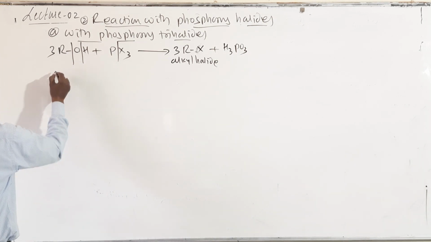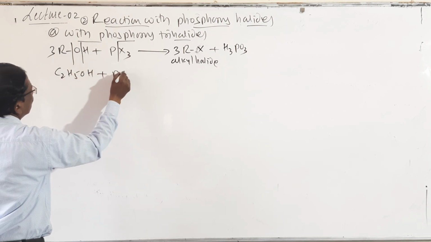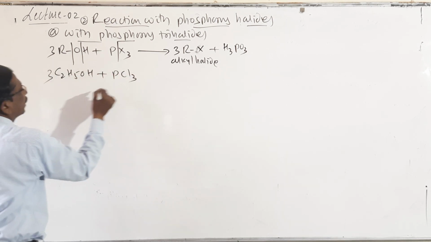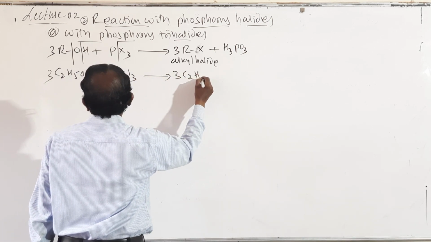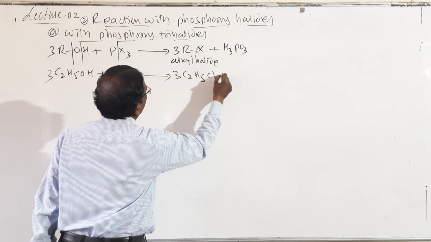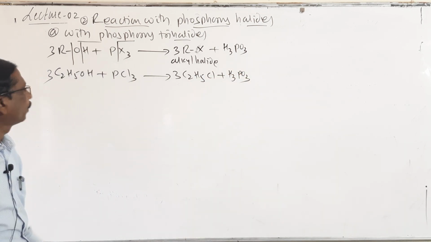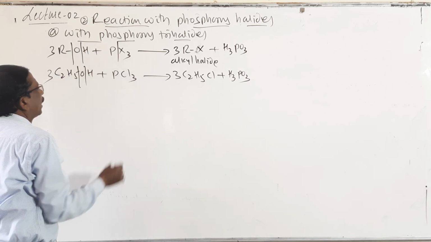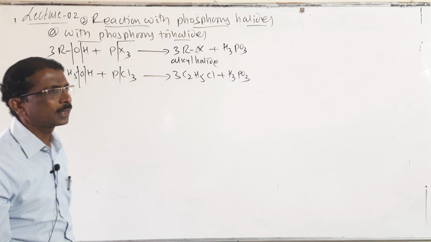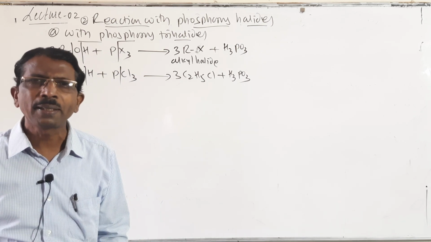So here I will write an example: 3C2H5OH plus PCl3, then you will get 3C2H5Cl plus H3PO3. So students, the statement is very easy.